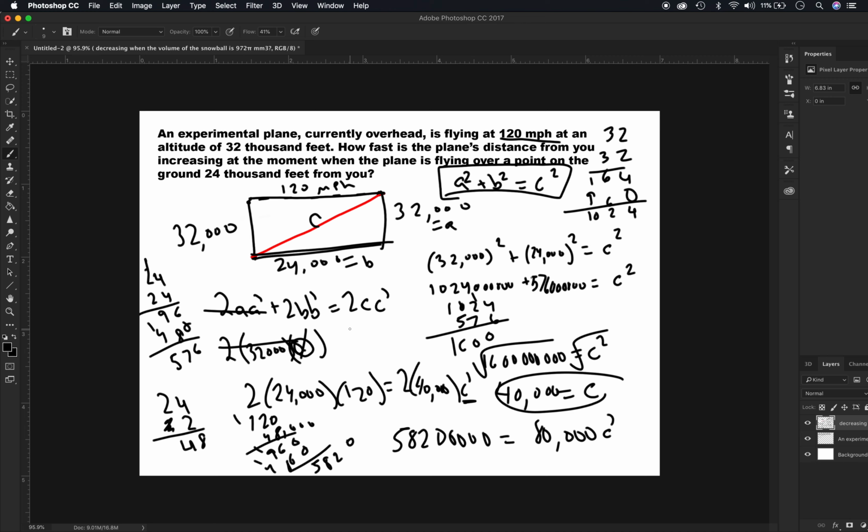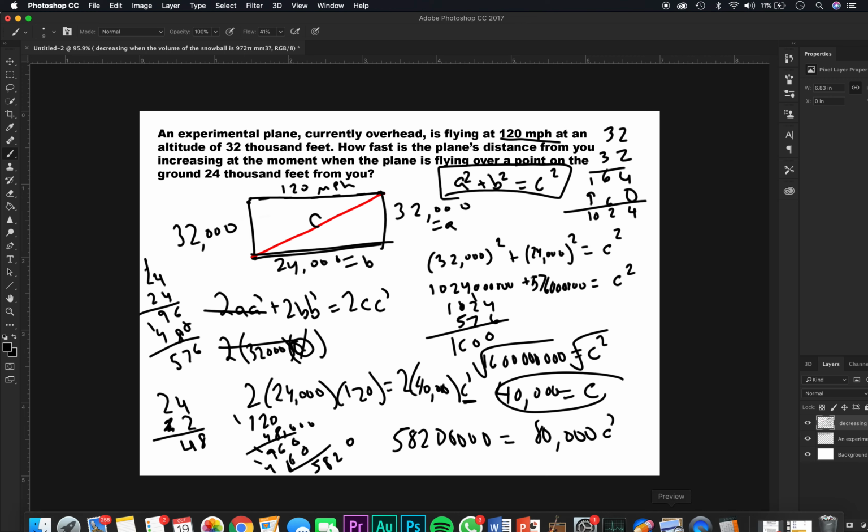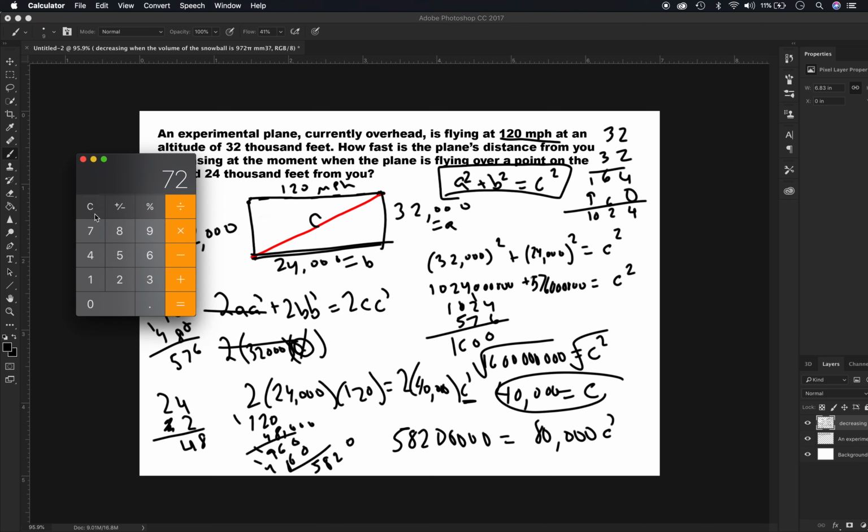So divide on both sides by 80,000. I'm gonna just use a calculator. I'm sorry, I can't be doing this. 582. 1, 2, 3, 4, 5 divided by 80. 1, 2, 3. That's not right. I messed up the multiplication. Whatever, it doesn't matter. Okay.